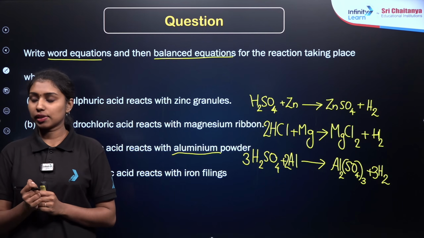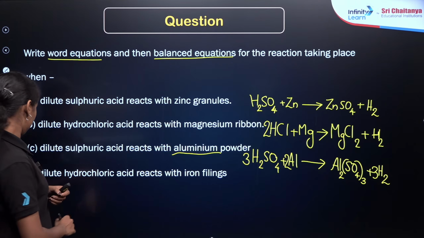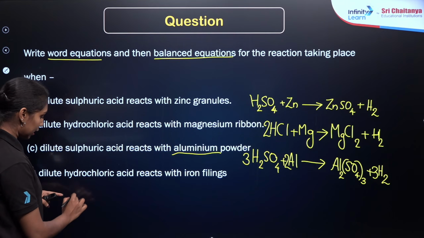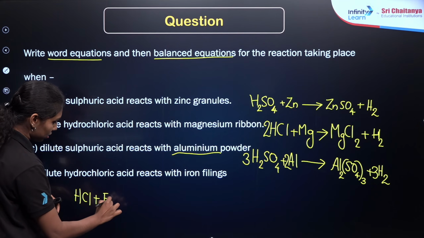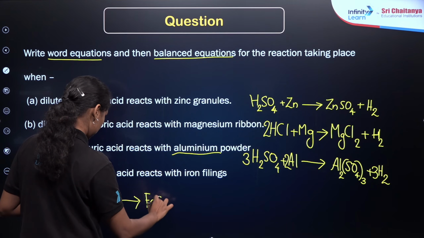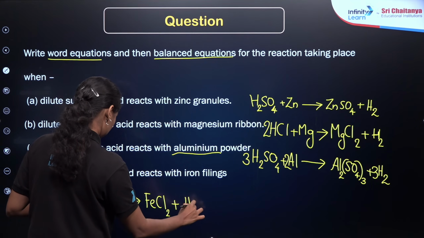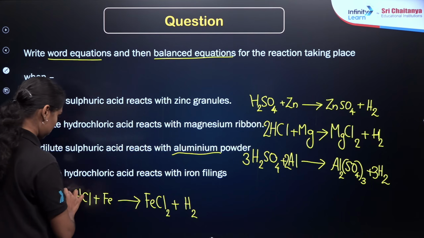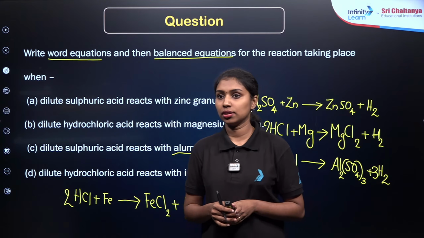What about the case of the last reaction? Dilute HCl, right? Dilute hydrochloric acid reacts with iron filings. So this will be the balanced equation for the last reaction.